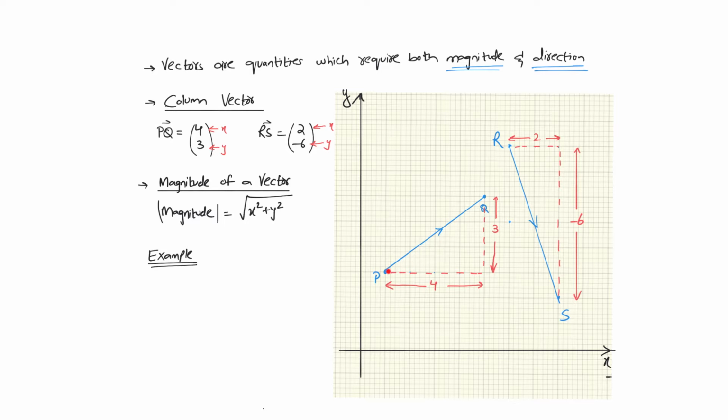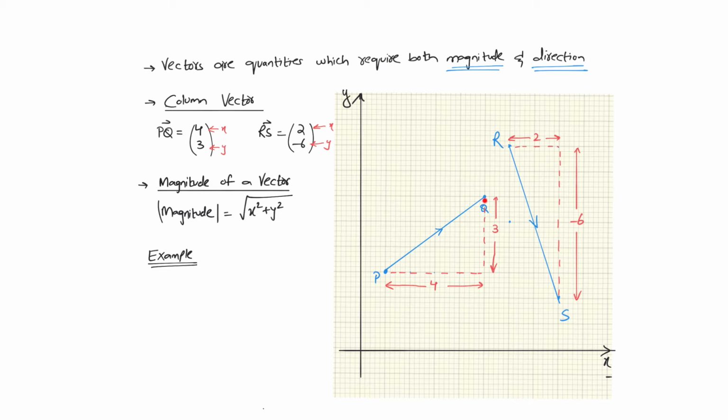So PQ in terms of its column vector is going to be represented as the distance it has moved in the x direction and the distance it has moved in the y direction. We call the top number the distance moved in the x direction, and the second value is the distance moved in the y direction. So that's the y component.